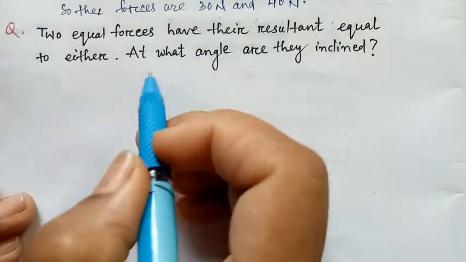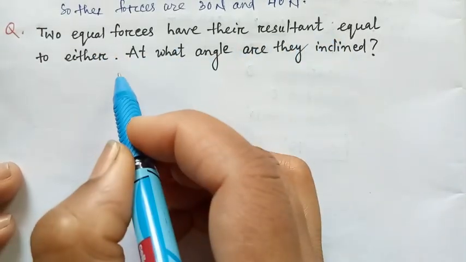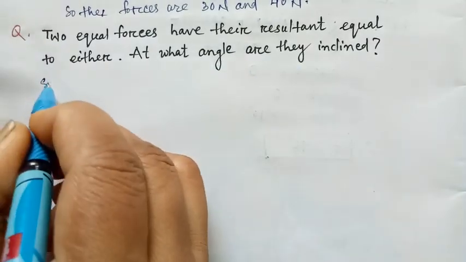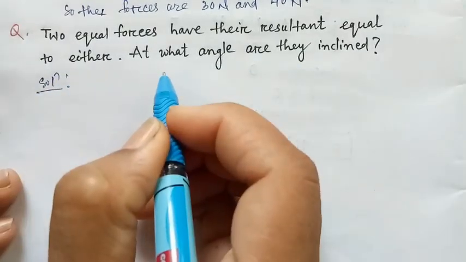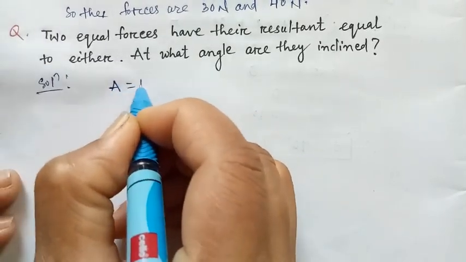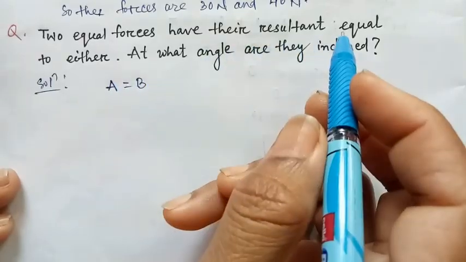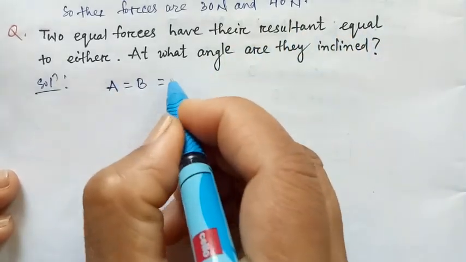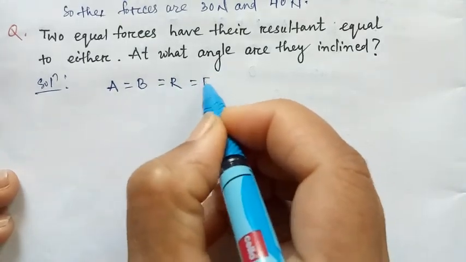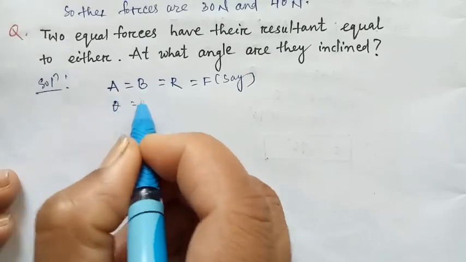Next, two equal forces have their resultant equal to either. At what angle are they inclined? That means two equal forces, so A is equal to B, and their resultant is also equal to either, is equal to R. Okay, let it be F. We have to find out theta.